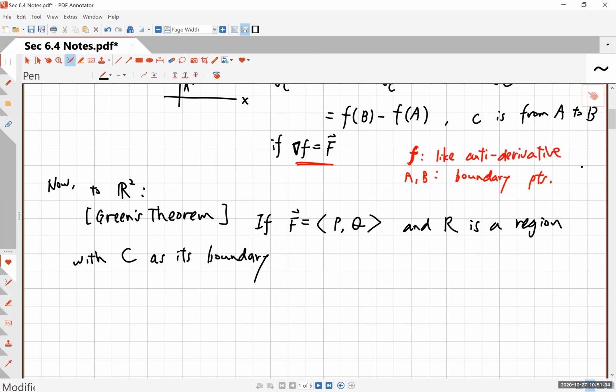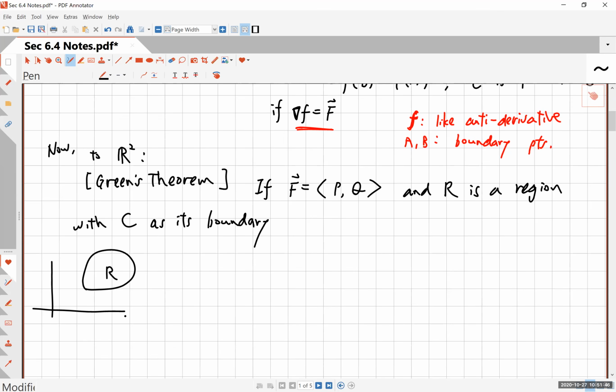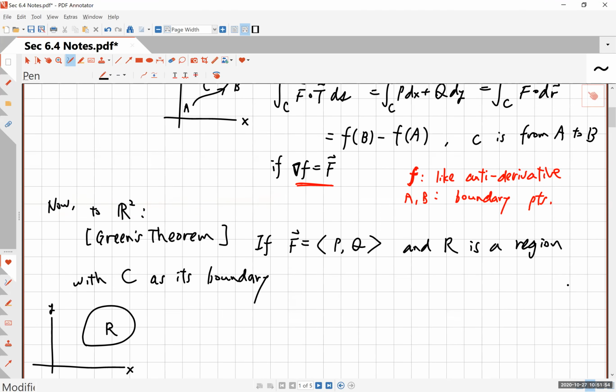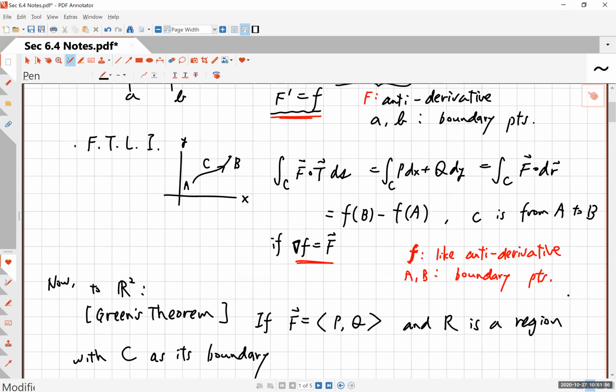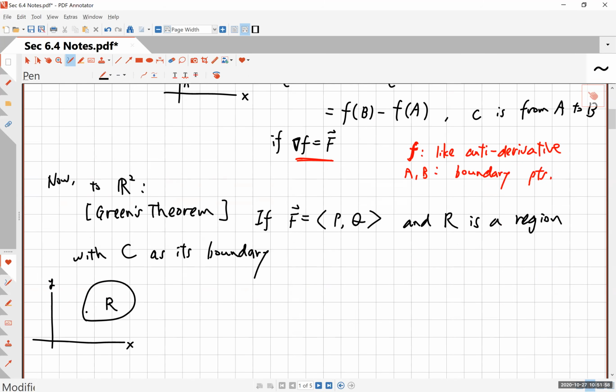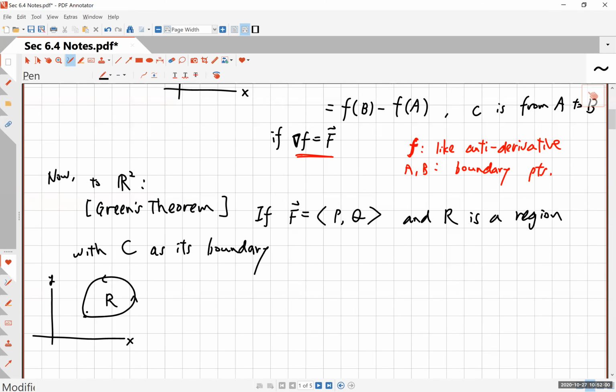In Green's theorem, we have the plane, and now we're going to be talking about a region R. Because a region is a two-dimensional subset of the XY plane, therefore the boundary is not just two points, like in the first two cases. The boundary is actually this entire curve, or a loop, a closed curve.